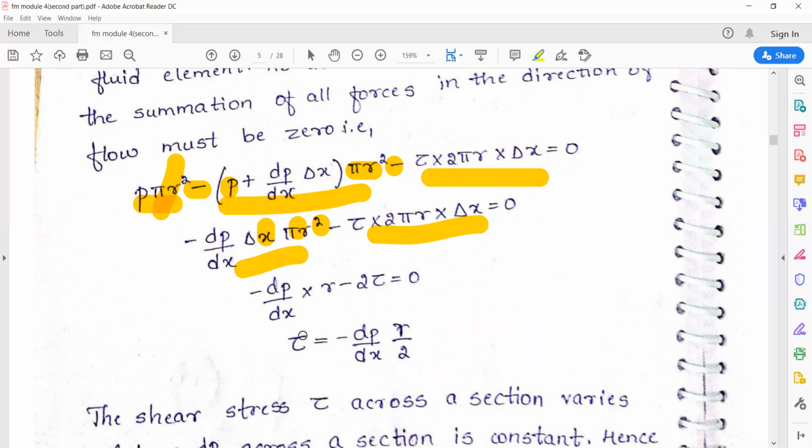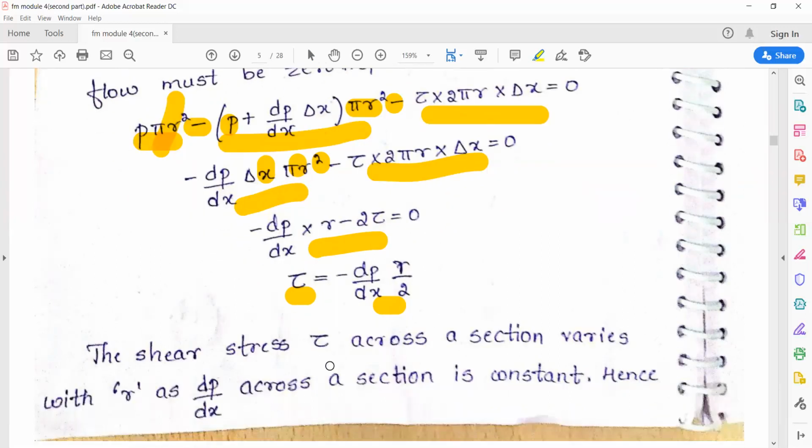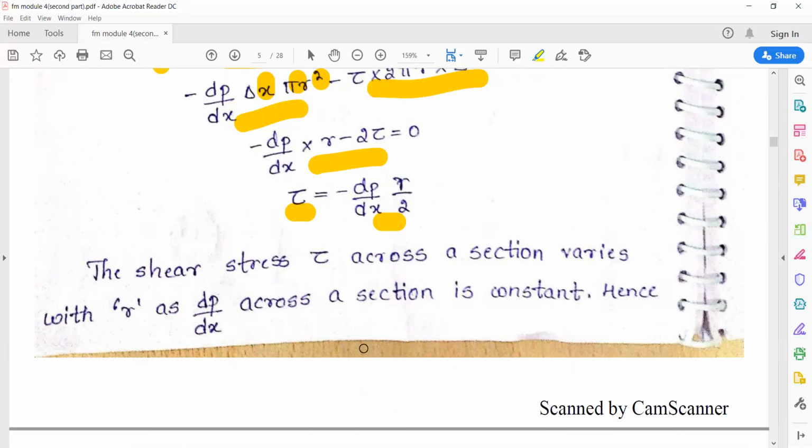The remaining term becomes minus dp by dx into r minus 2 tau is equal to 0. If we keep tau on one side, tau becomes minus dp by dx into r by 2. Moving the remaining terms to the other side, you get the expression for tau. So this is the shear stress distribution equation.